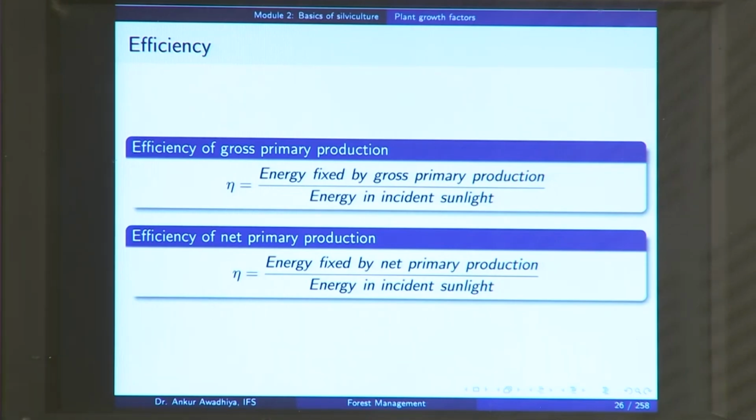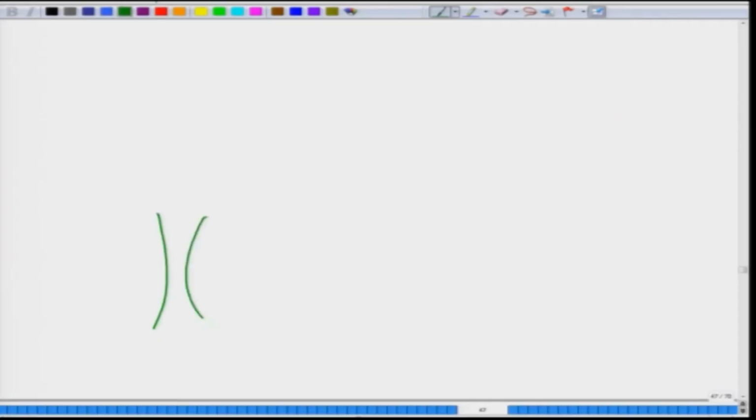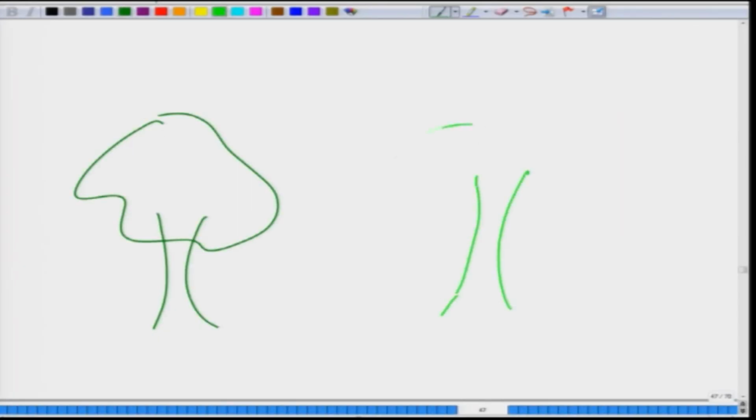Now, different species will have different efficiencies. So, if there are 2 plants of different species A and B, and plant A has more efficiency. What we are saying here is that you have 2 trees, and both these trees are in the same location.